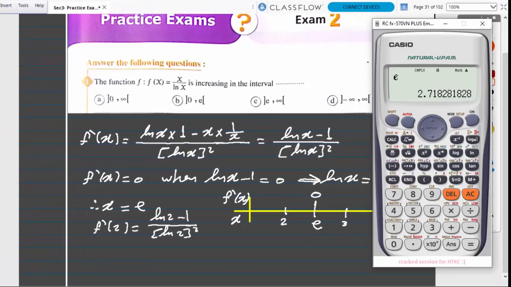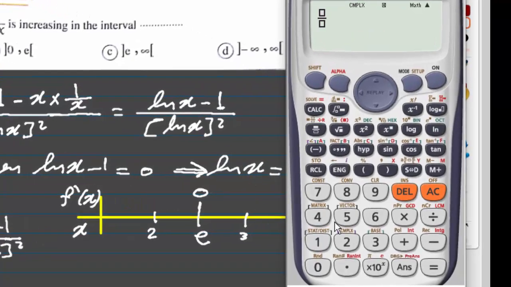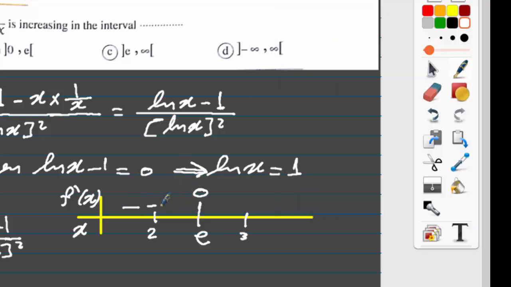And we go to the calculator and write this fraction: ln 2 minus 1 over ln 2 all squared. Here the sign is negative, so we'll put negative here.